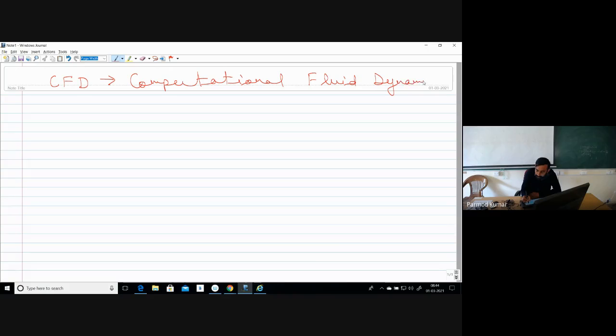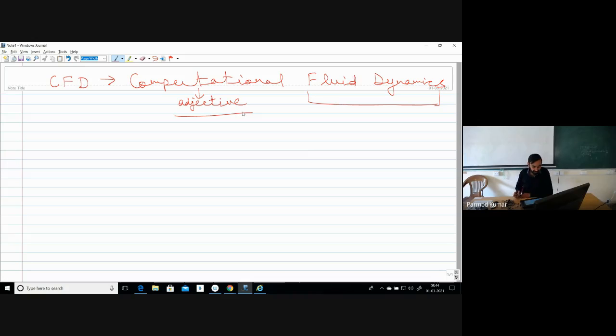If you see, it is nothing but fluid dynamics only, but this computational is an adjective associated with the term fluid dynamics.